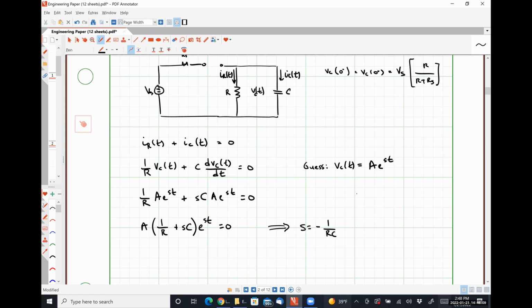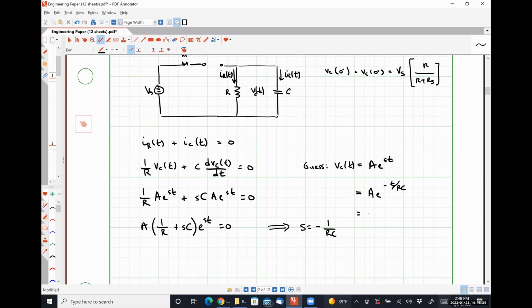And from this, we can see that our guess becomes A e to the -t divided by RC. We determine A, just as we did before, by looking at the value of that signal at t equals 0 plus.